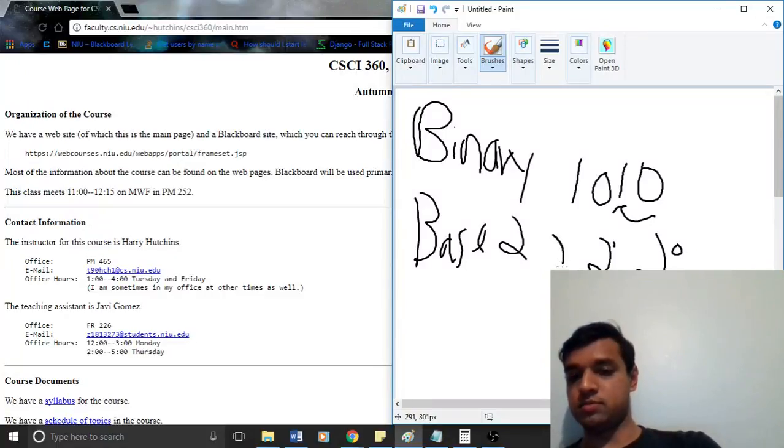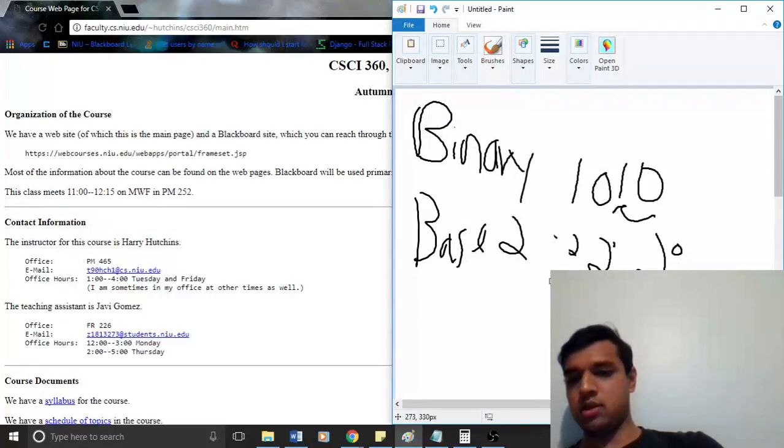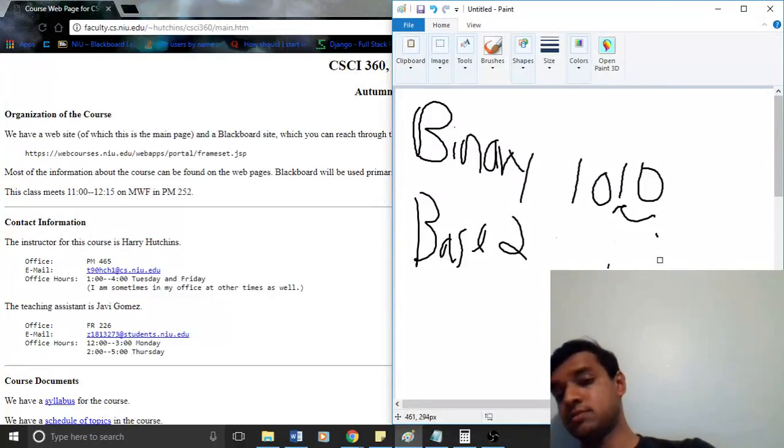It will be 2 to 1, 2 to 2, and 2 to 3. So for this example, you see that it's 1 0 1 0, and you're like, okay, so I do 2 to 0, 2 to 1, 2 to 2, 2 to 3, and I add them up. That would not be the case. You only add up the numbers that are ones, not zeros.